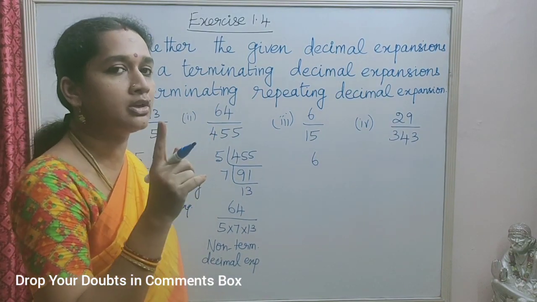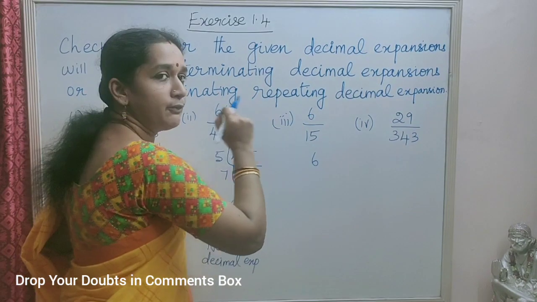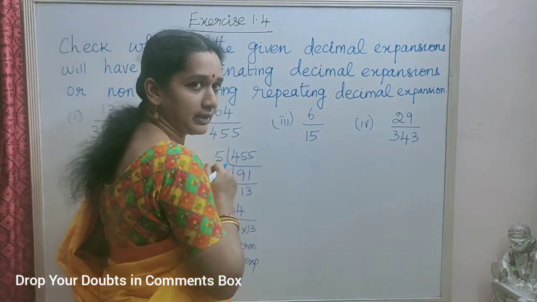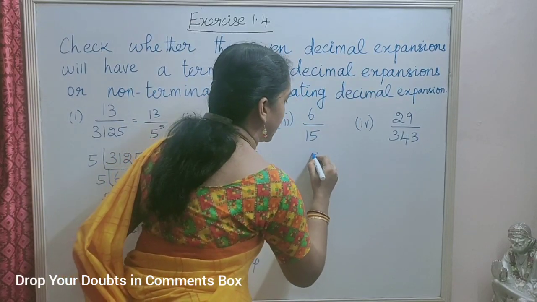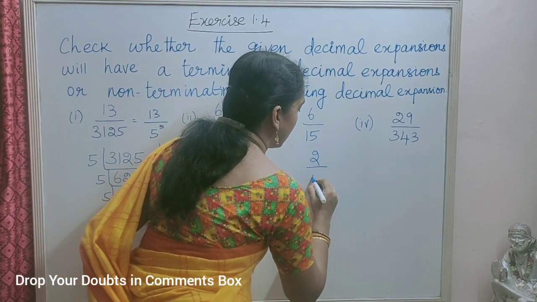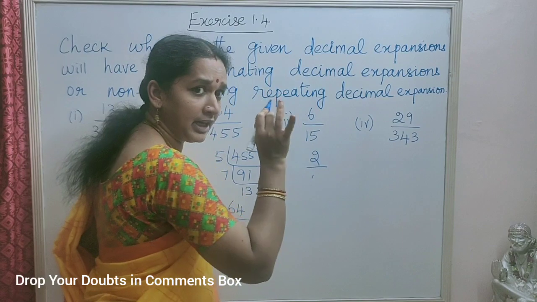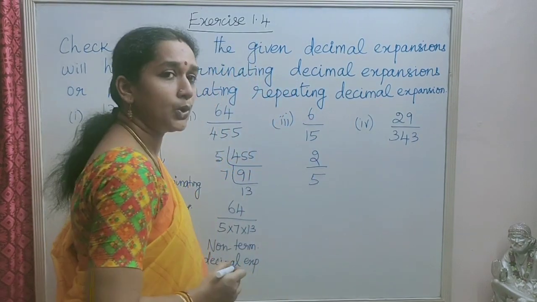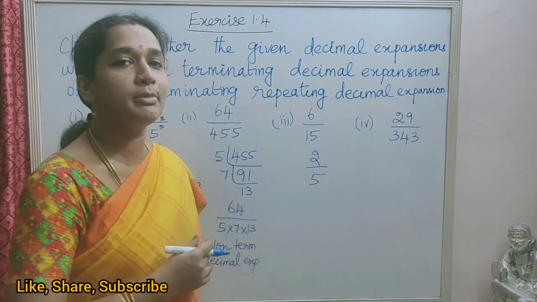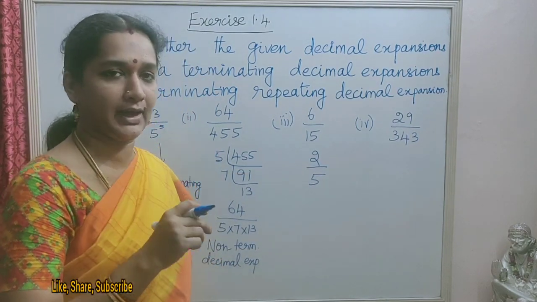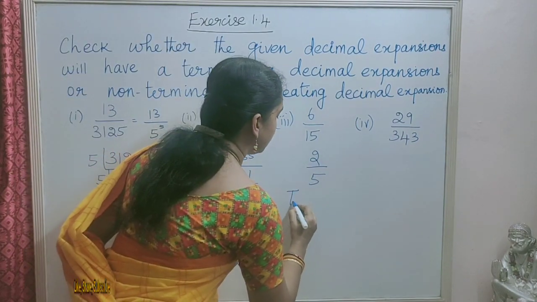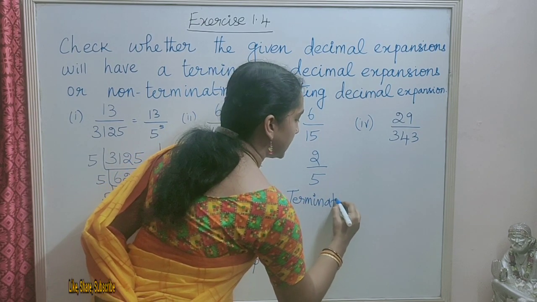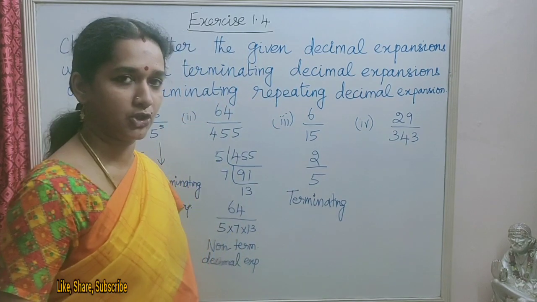If you take 6 by 15, you have 3 as the common factor. When you simplify this, you will get 2 by 5. In the 3 table, 3 twos are 6, 3 fives are 15. So in the denominator you are having 5 as the factor. So this is a terminating decimal expansion.